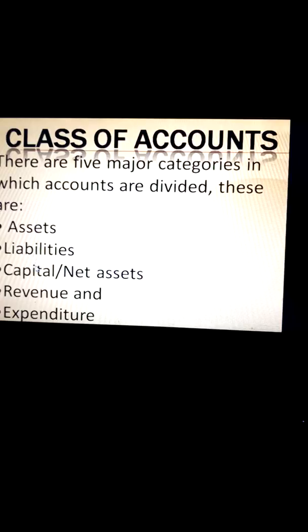So these first 3. Then the last 2 are revenue and expenditure. Why it's like this is that the first 3 is what is shown on the statement of financial position, otherwise known as the balance sheet, while the last 2 is shown on the profit or loss account.